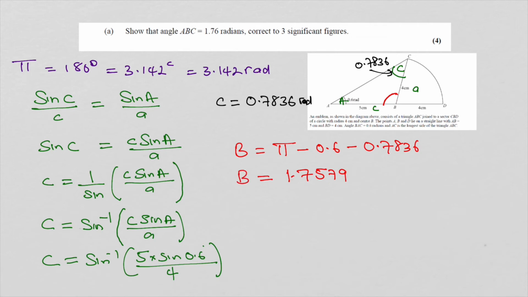They want the value in 3 significant figures, so B equals 1.76 radians. And that's the answer we are looking for.